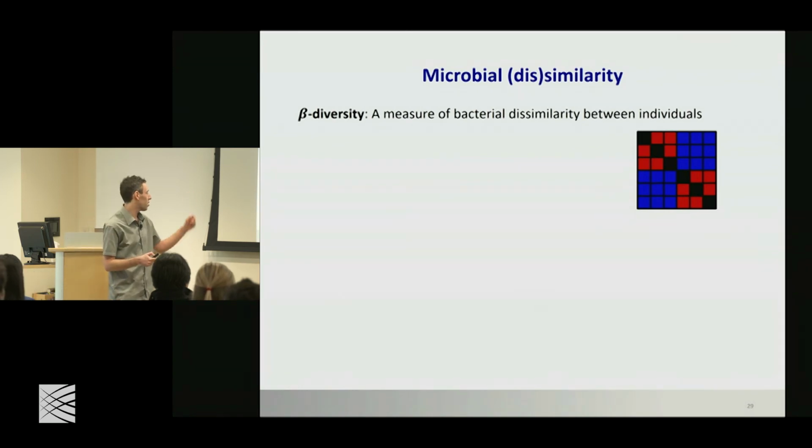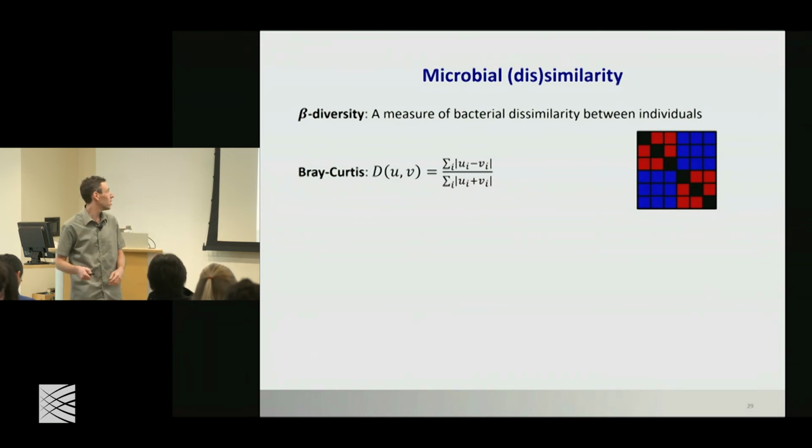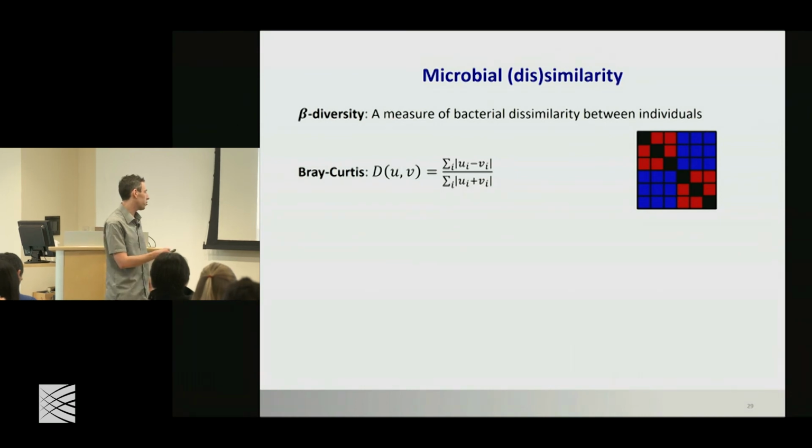But for our purposes, it will just be bacterial dissimilarity. There are many different metrics that people use, and this field goes back decades, way before genetics, actually. Probably the most common one is Bray-Curtis dissimilarity, which is defined like this.